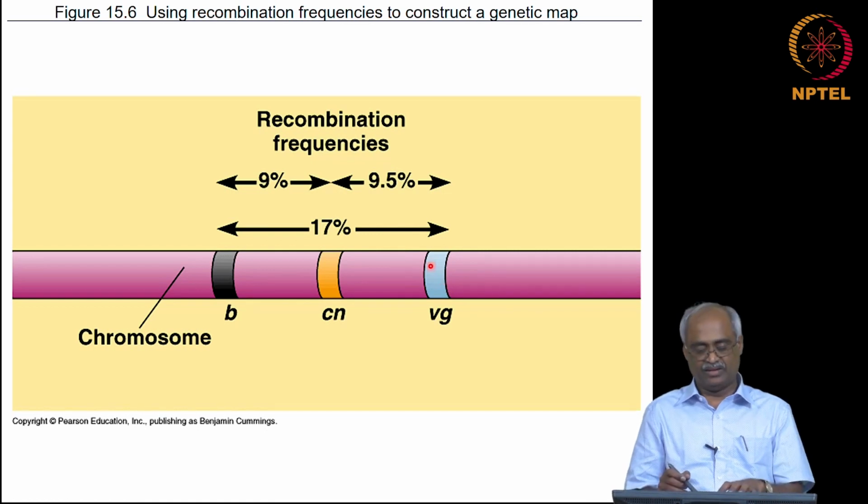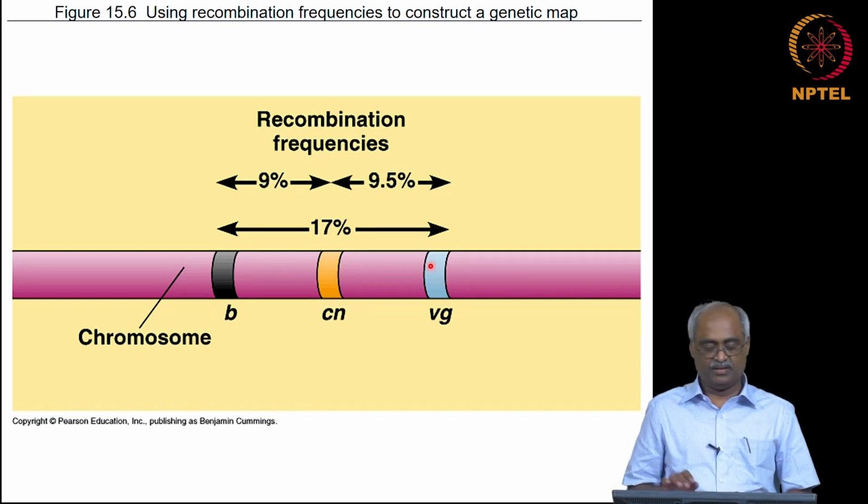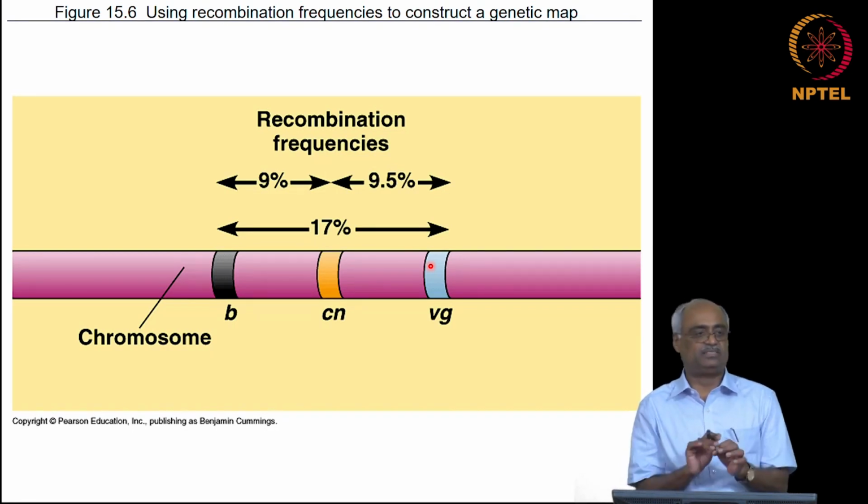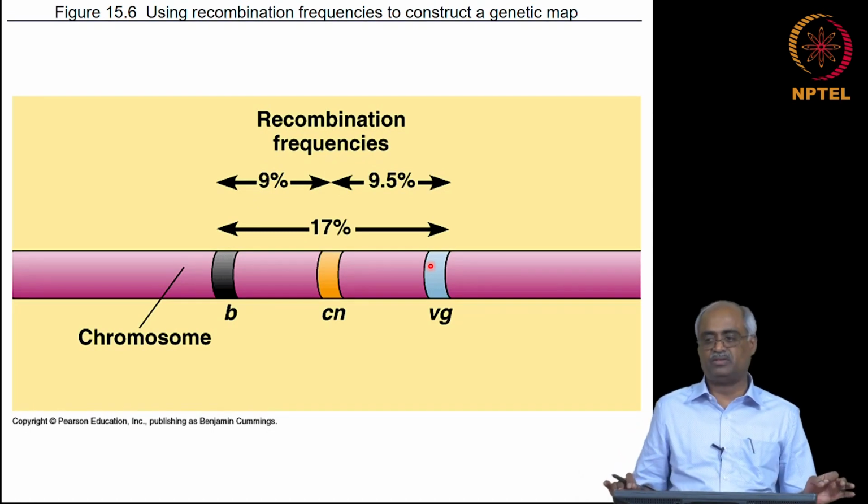That we will learn in detail when we go to genetic crosses later. Okay. But the main point here is the recombination frequency reflects the distance between different loci on a given chromosome.